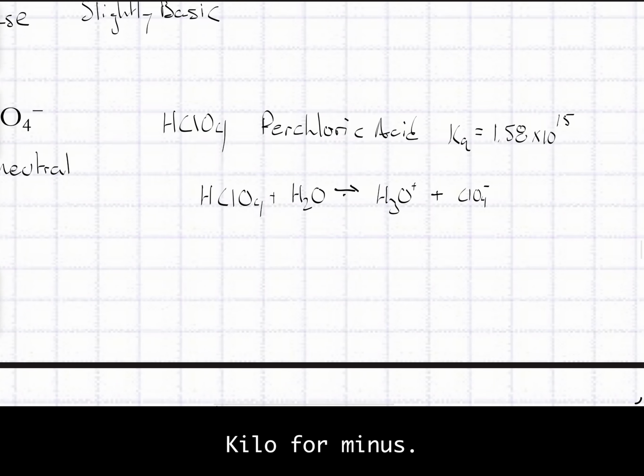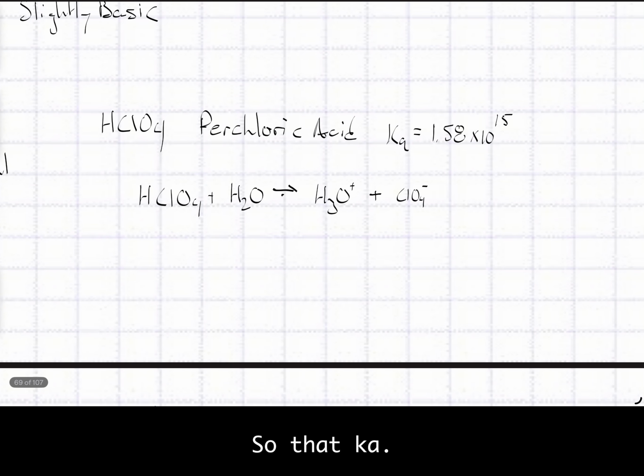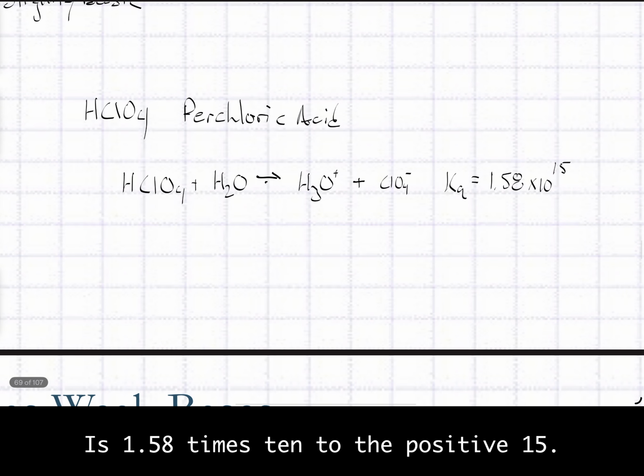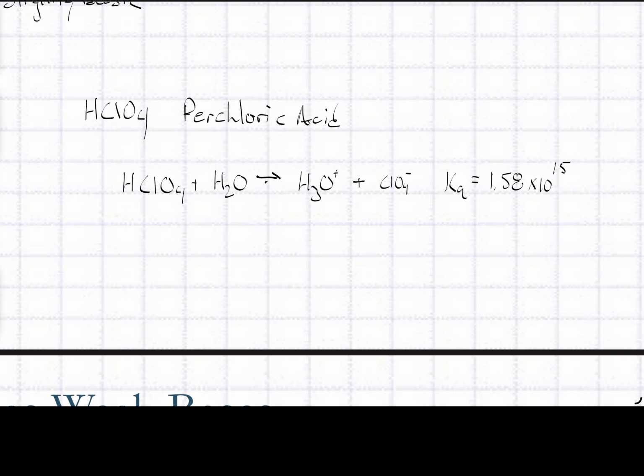ClO4 minus. So that Ka is 1.58 times 10 to the positive 15. So that really, really favors products.